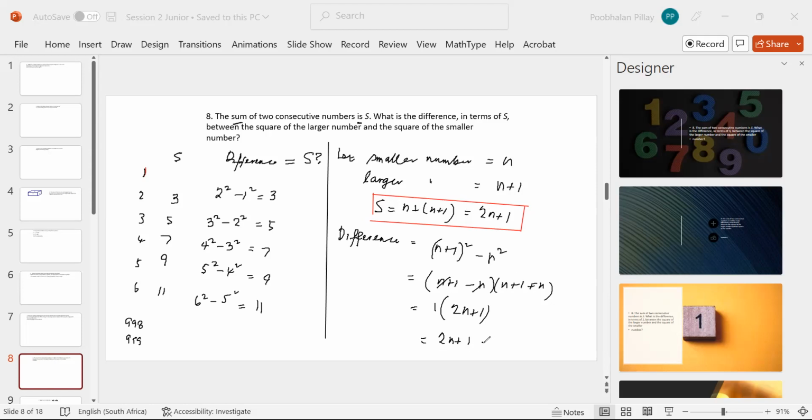And this is exactly S. So we have shown that the difference is equal to S. And here we suspected it's equal to S. And now we have shown it. And it doesn't have to be any specific number. It works for all numbers, even 998.